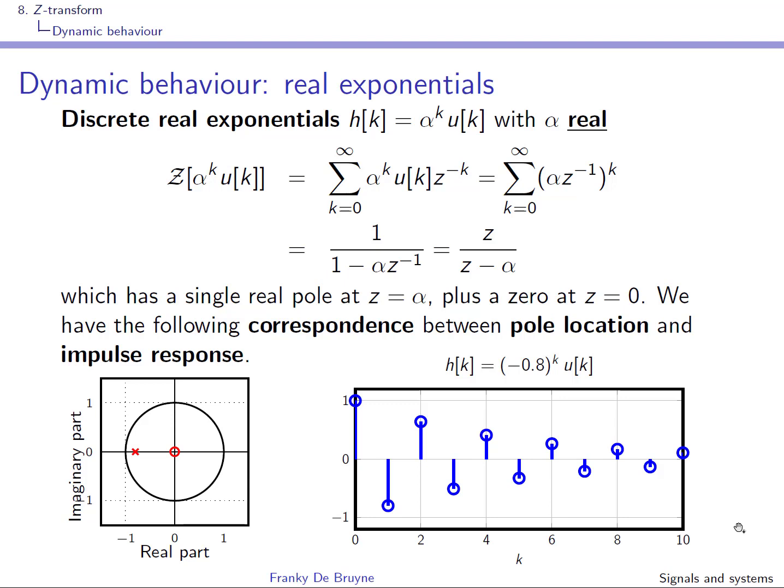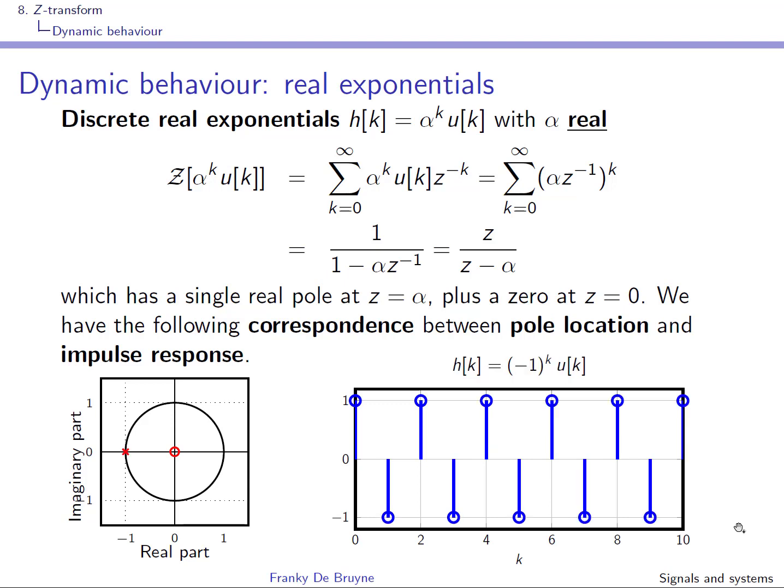It converges to 0, but you have this alternation of signs, because you take successive powers of minus 0.8, the even powers will be positive and the odd powers will be negative.